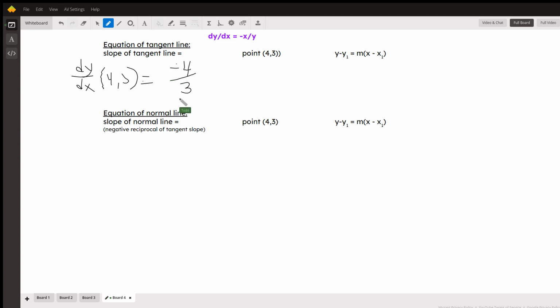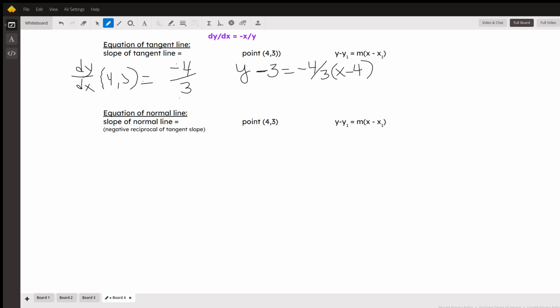Now I can just use point slope form because I have the slope of negative 4/3. I have the point (4, 3). So I want to take y minus the y coordinate of 3 is equal to the slope negative 4/3 times x minus the x coordinate of 4.